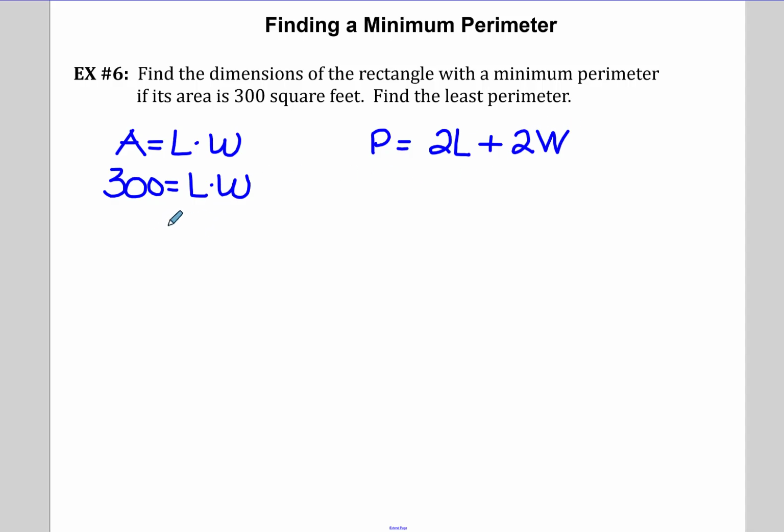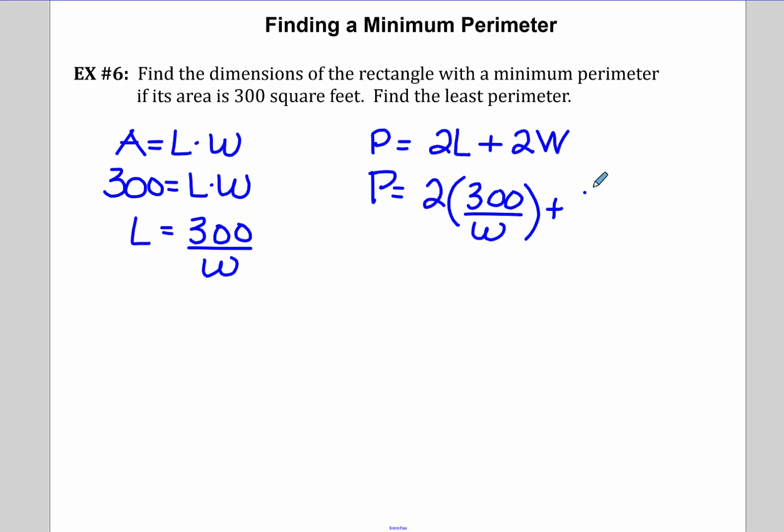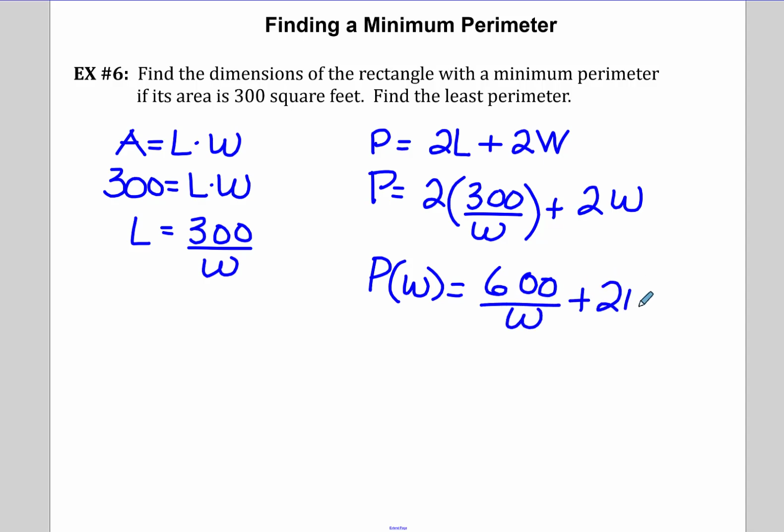And we could take the length and get a name for the length in terms of the width. And if I substitute 2 times 300 divided by the width plus 2 widths, we have a perimeter formula in terms of width: 600 divided by W plus 2W.